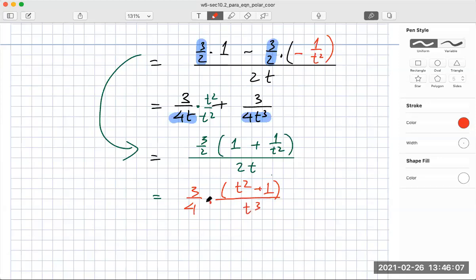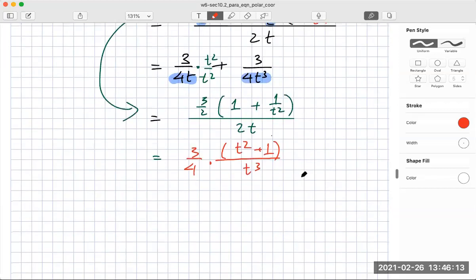Okay? Just some algebra. You can double check it yourself. So, is it clear up to this point? Okay. This is the second derivative.